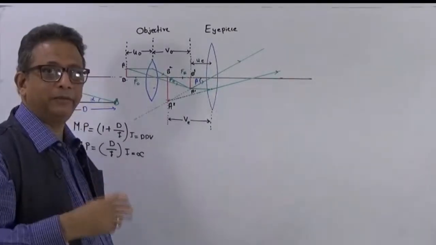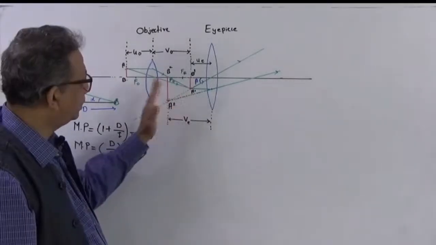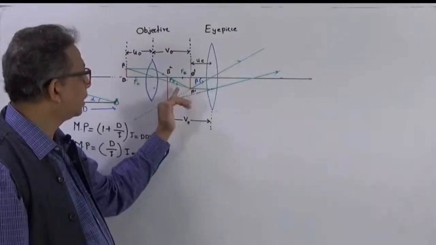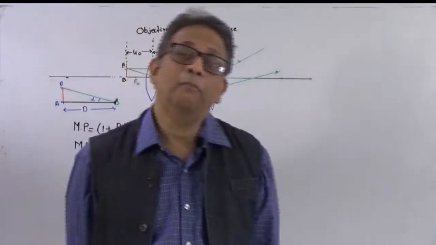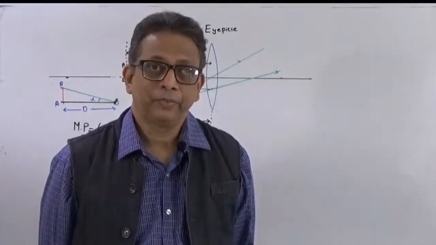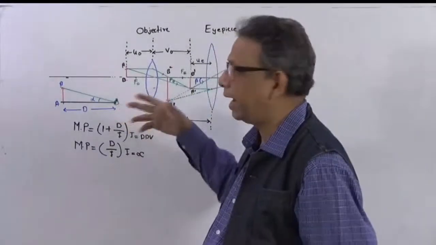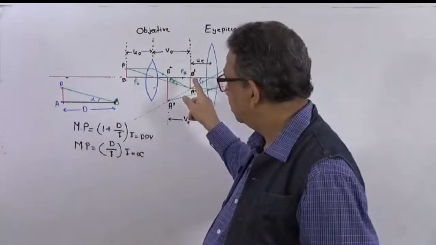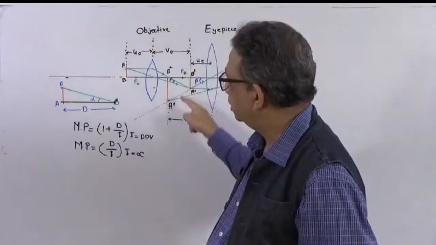The adjustment which you were doing was basically placing it between the focal point and the pole. Now by doing this, what do we get? We get a more highly magnified image. First, we had a magnified image, but by placing it within the focal length and the pole, we are getting a virtual image, that is A2, B2.